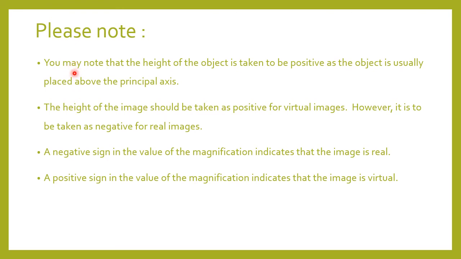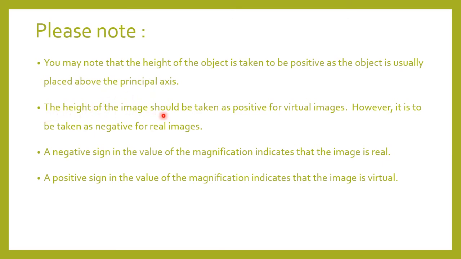Next, please note. You may note that the height of the object is taken to be positive as the object is usually placed above the principal axis. So usually height of object h will always be positive, because it is always taken above the principal axis.